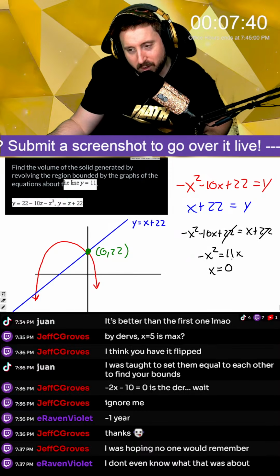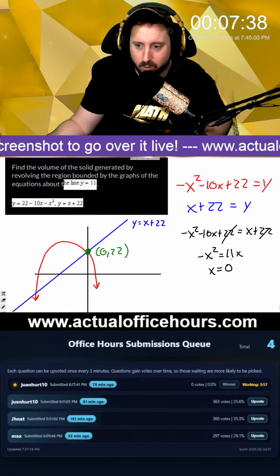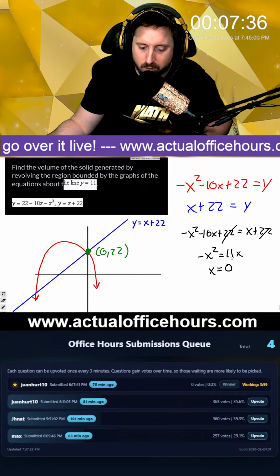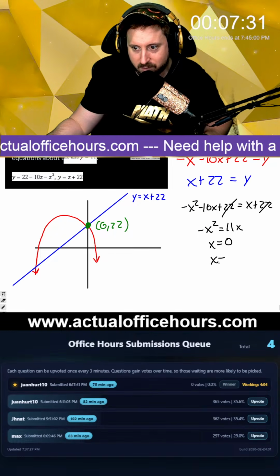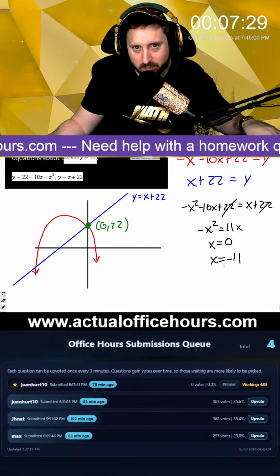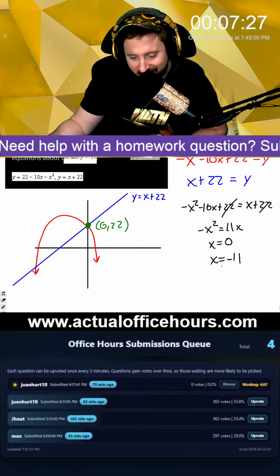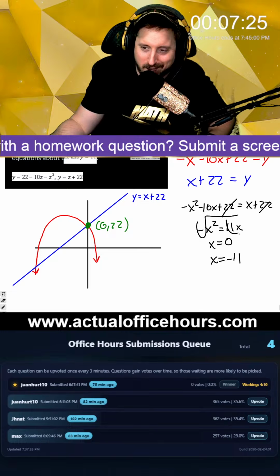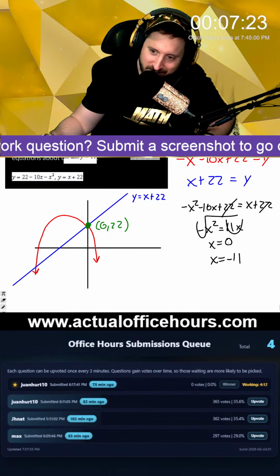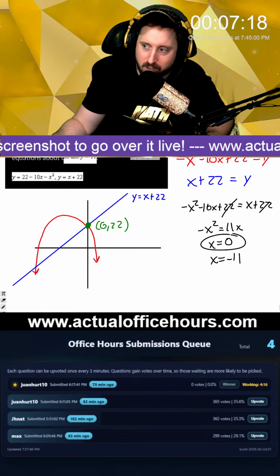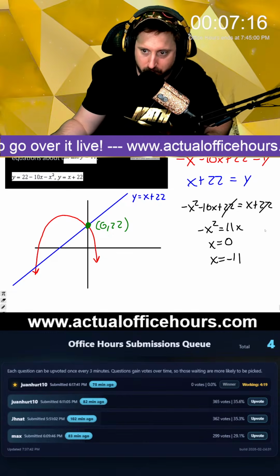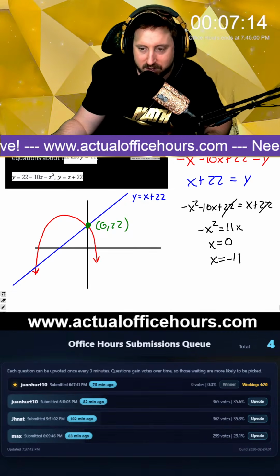How do you get the other one, though? Oh, yeah, okay. Oh, and then x is equal to negative 11. I'm stupid. I was like, square root of negative 11? No. You just divide by x on both sides. You already took care of the x equals 0 solution. You know that one works. So then the other one is x is equal to negative 11.